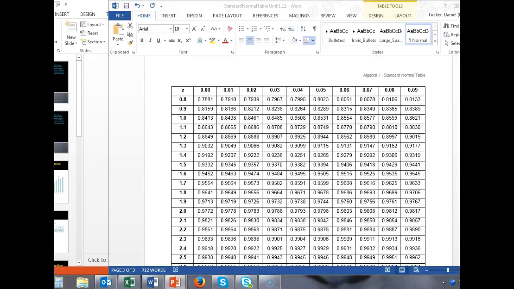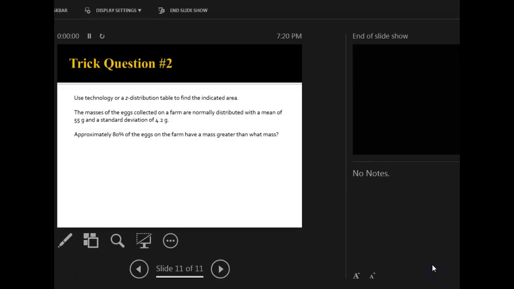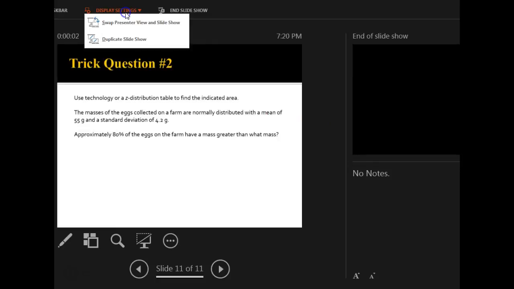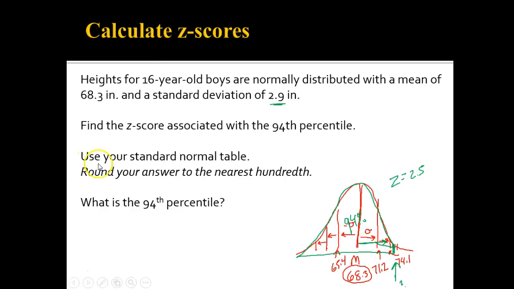Let's go back to this and keep displaying this. Here we go. And where did we end up? There we are. Okay, so we looked on the chart. We found our z-score of 1.55. Z equals 1.55.